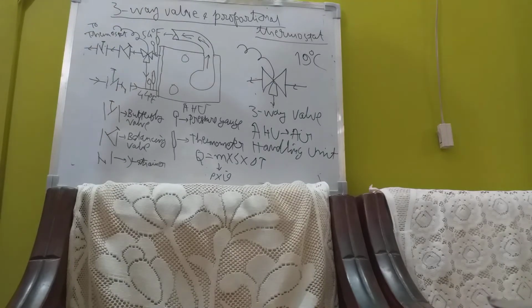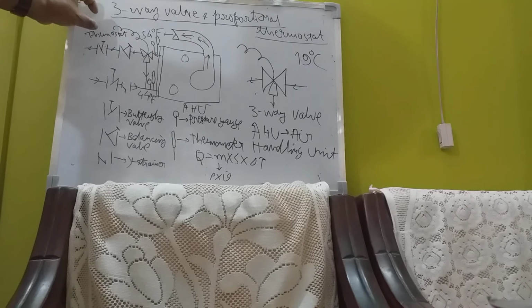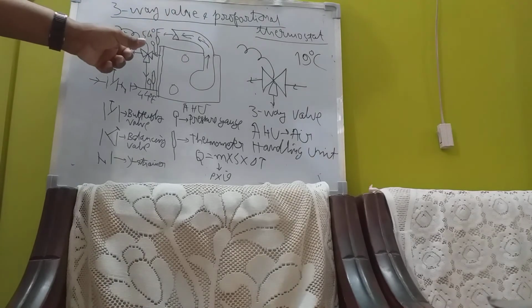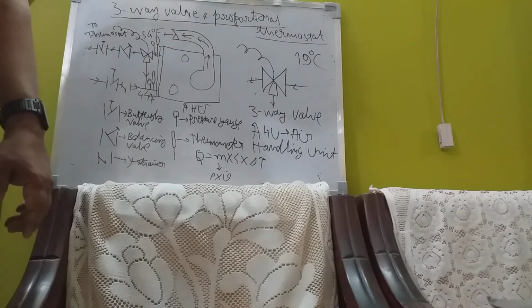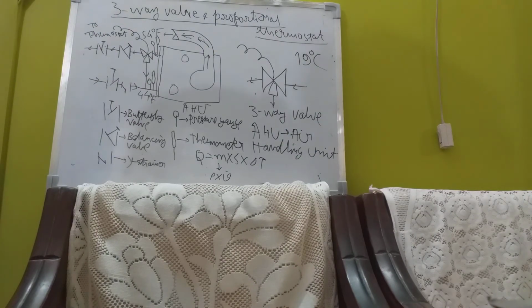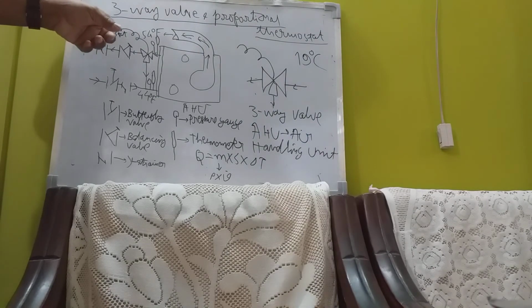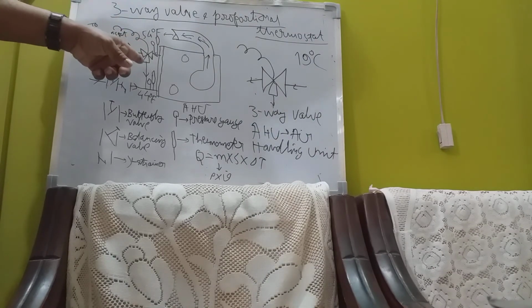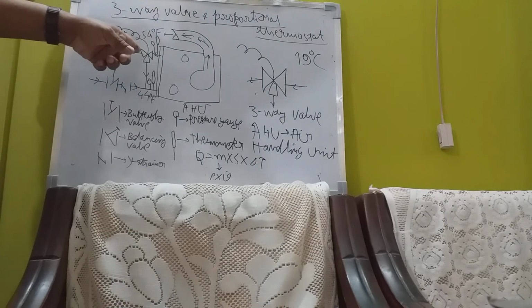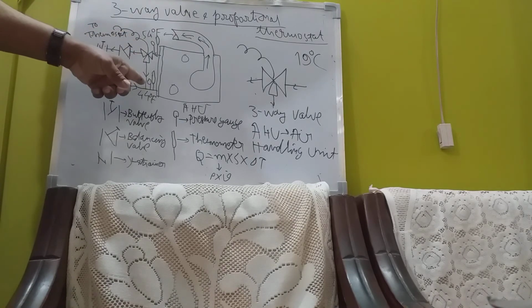On-off thermostat. Try to understand. I said proportional thermostat which proportionately closes or opens the valves gradually. In case of FCU, you don't need a proportional thermostat because it's a small unit. Here, you have an on-off thermostat. On-off thermostat gives a signal to a three-way valve which cuts down this flow and opens this flow when required.